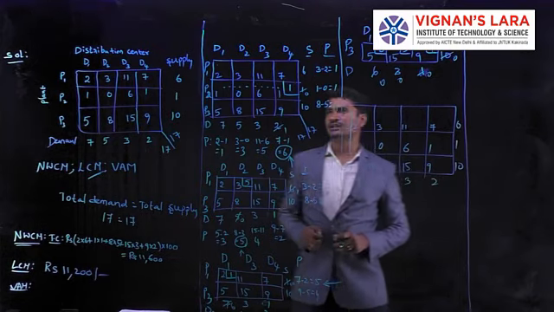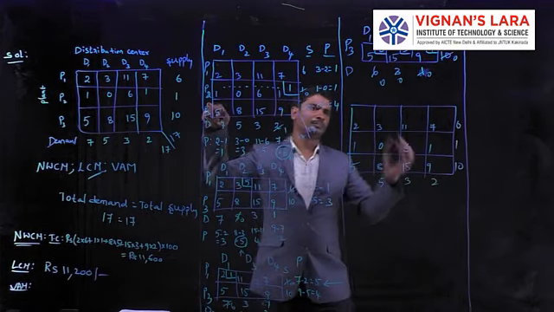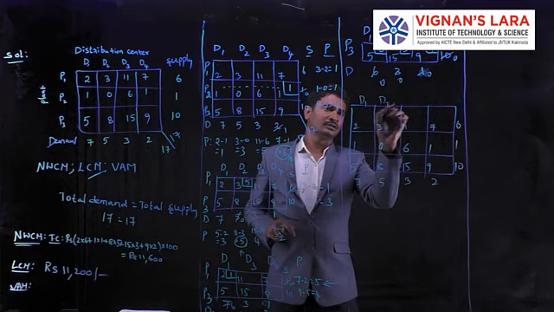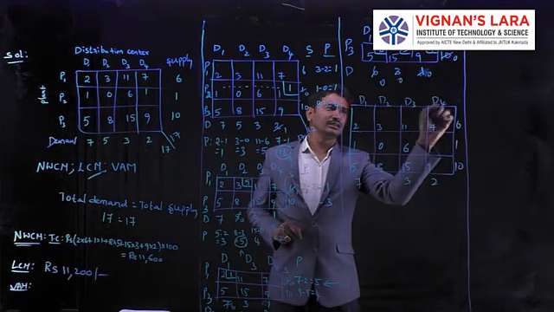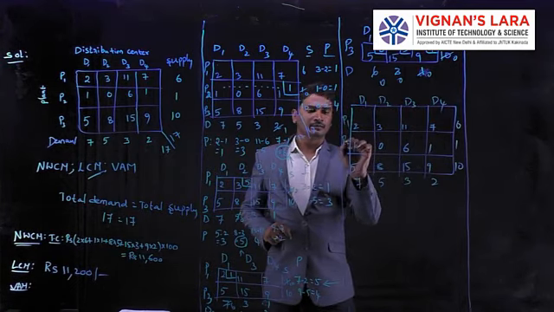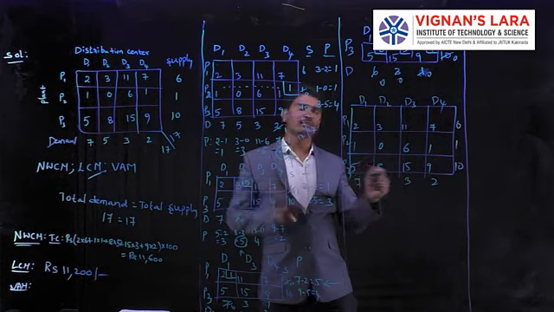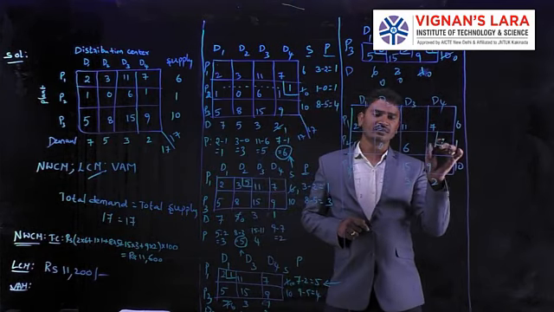First, where did we do the allocation? At P2, D4. D1, D2, D3, D4, P1, P2, P3. P2, D4 means here, P2, D4 is 1.